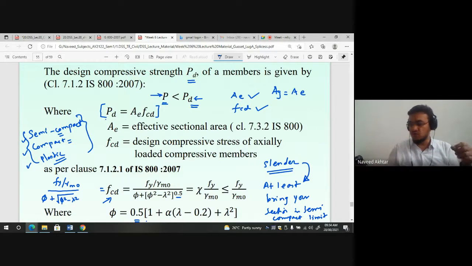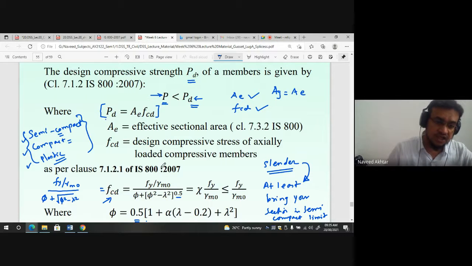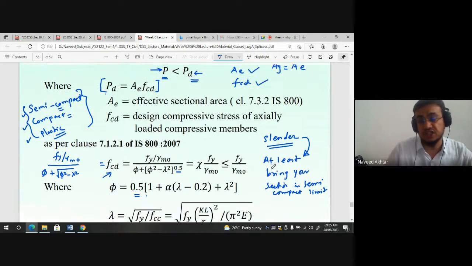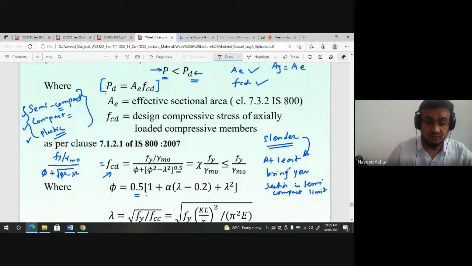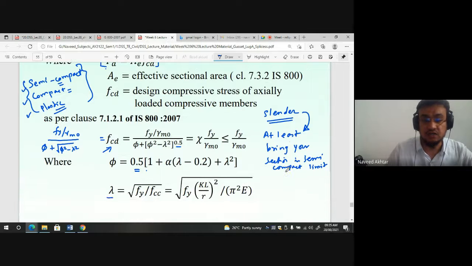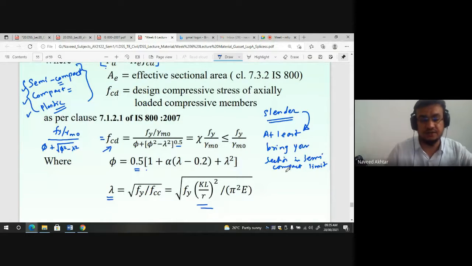Why? Because you know that a slender section will fail before reaching the yield stress. So the strength will be reduced. It will fail without reaching the elastic limit or yield stress. That is why at least your section should be semi-compact.